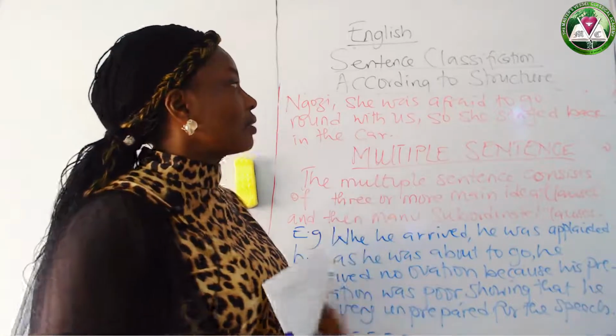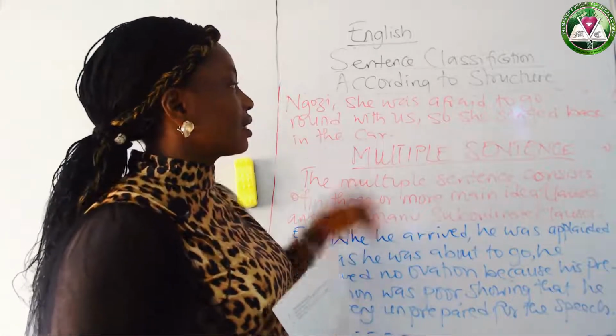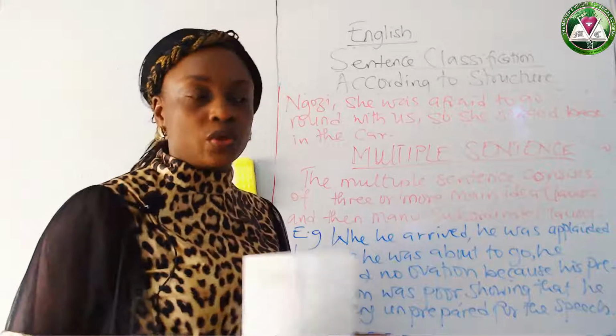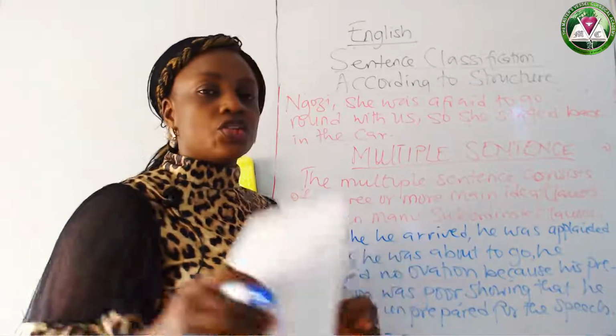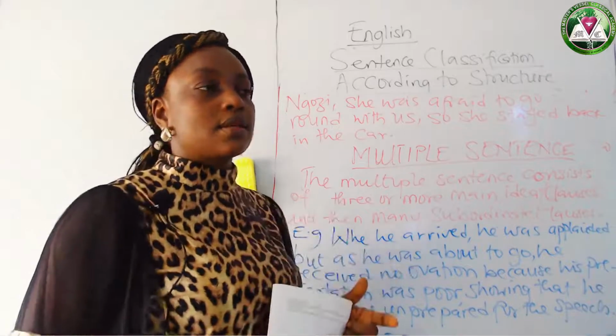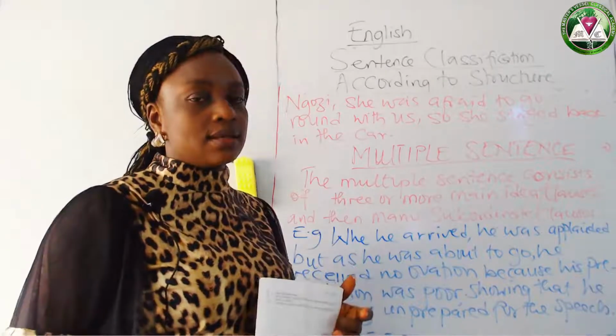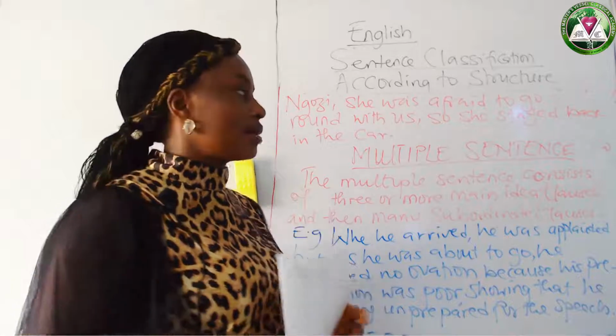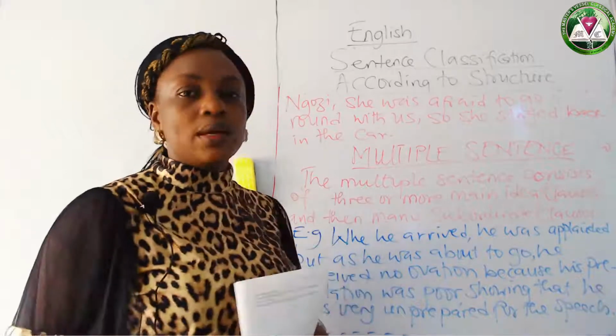So that is all about the sentence. Remember I said we have sentence classification according to structure, not function, where you have the simple sentence, the compound sentence, the complex sentence, the compound complex sentence, and the multiple sentence.